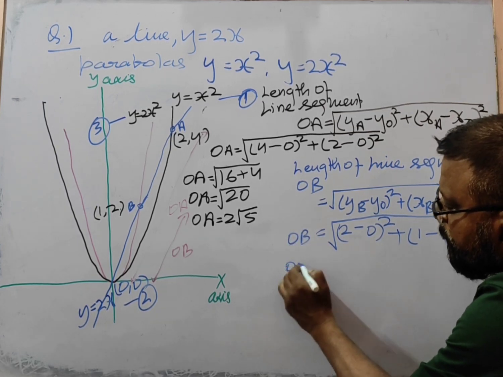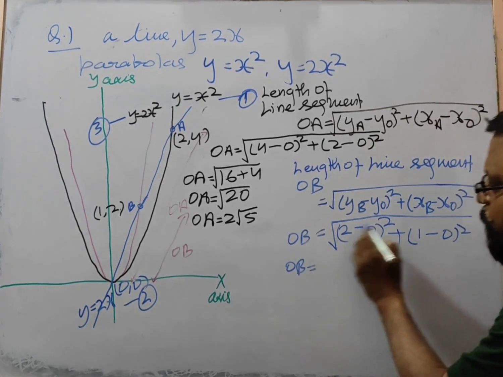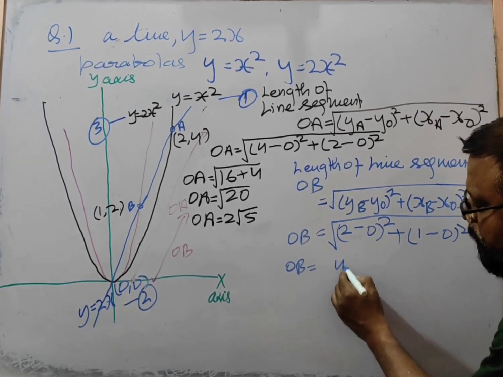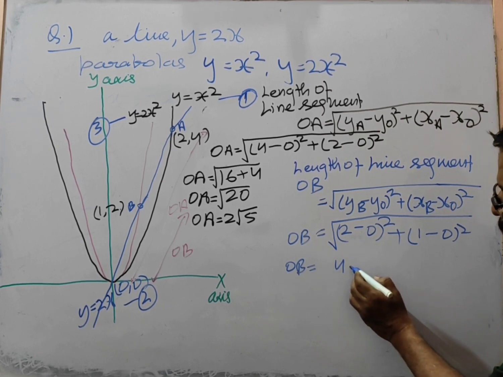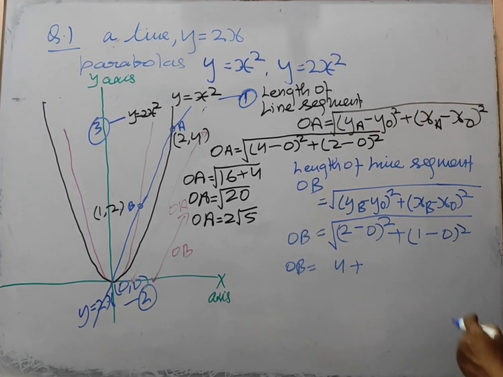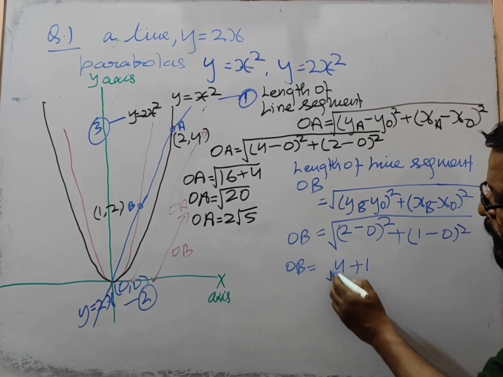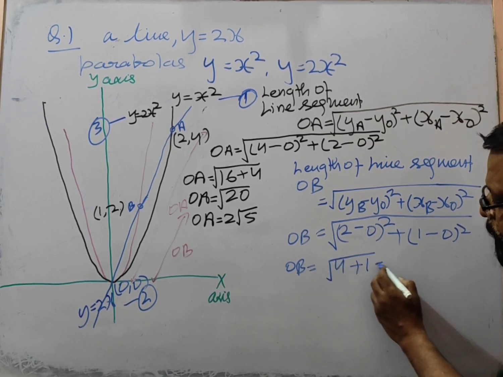So OB is equal to 2 minus 0 is 2, and 2 squared is 4, plus 1 minus 0 is 1, and 1 squared is 1. We have taken the square root, so it becomes root 5.